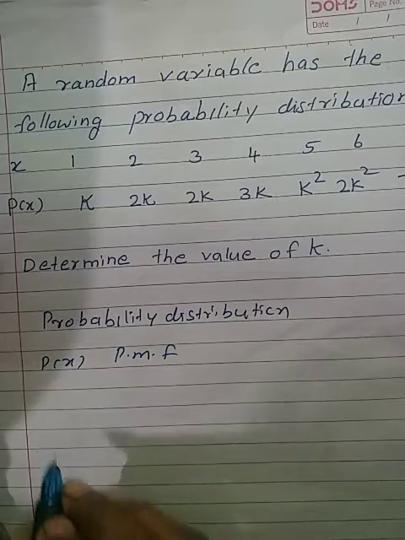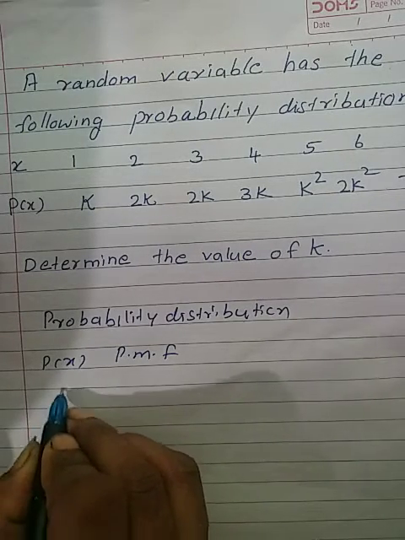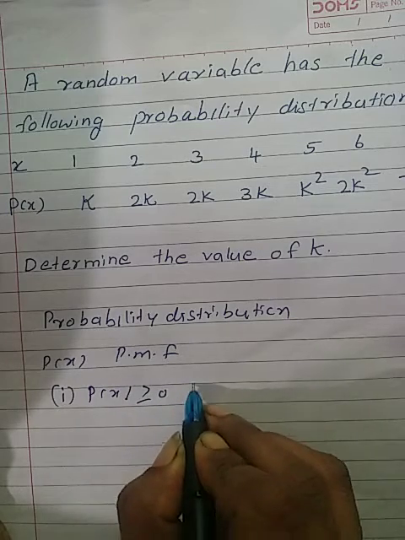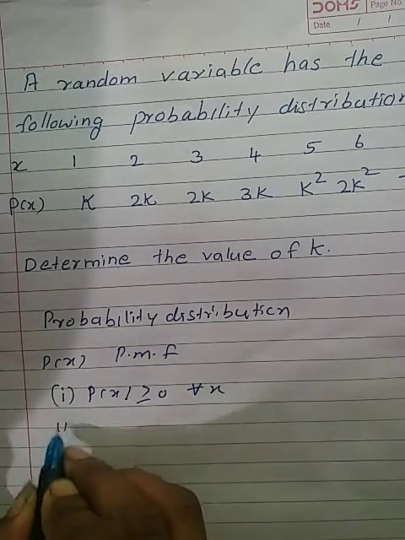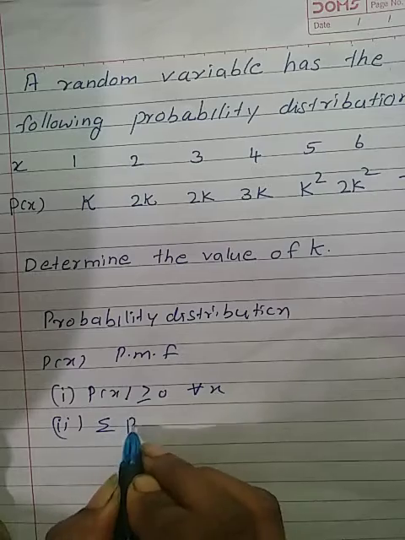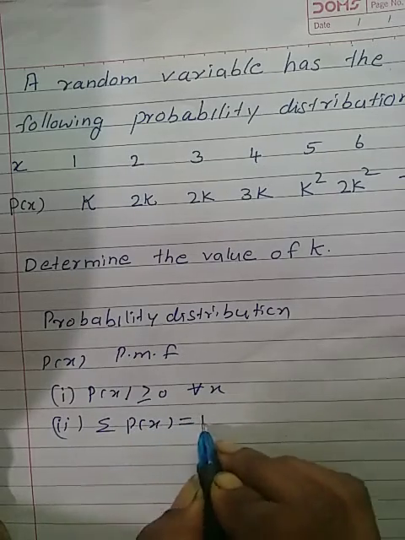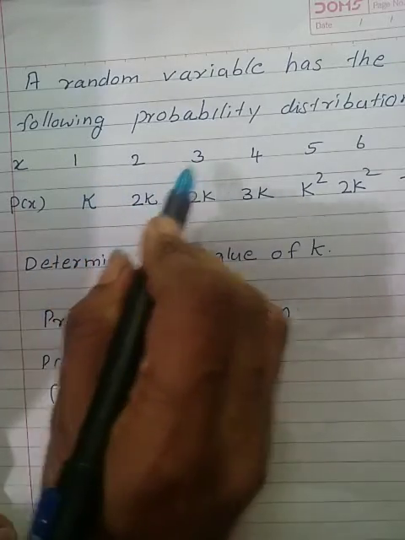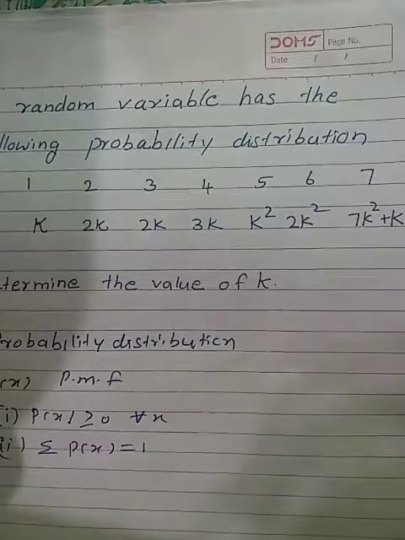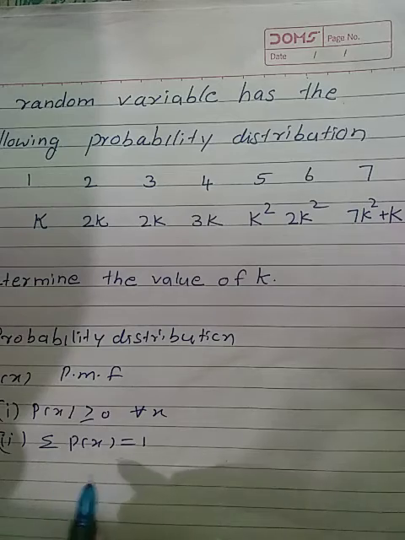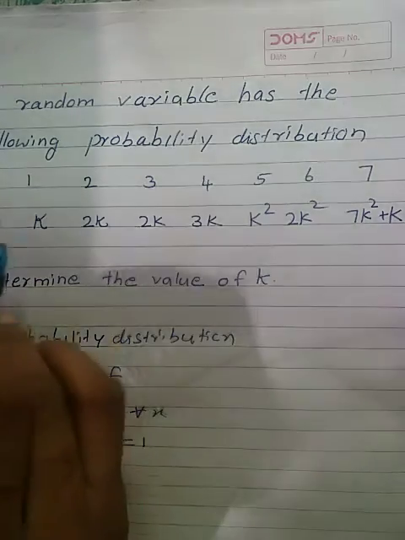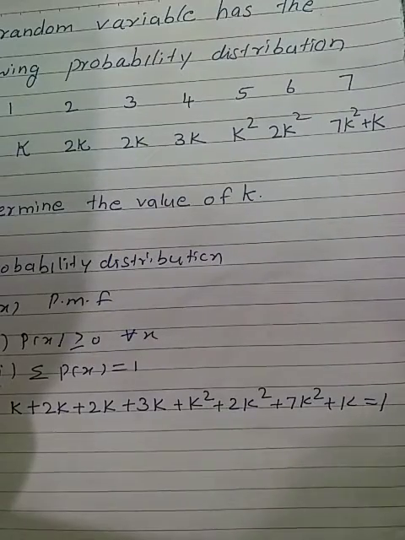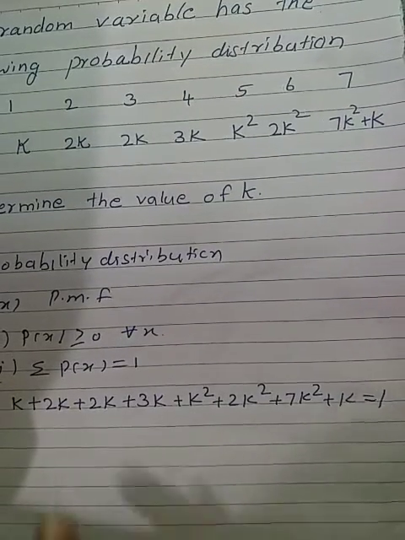Properties of probability mass function: first one, P of x greater than or equal to 0 for all x. Second one, sigma P of x equal to 1 for x equal to 1, 2, 3, 4, 5, 6. Since sigma P of x equal to 1, summation of all these values equal to 1.